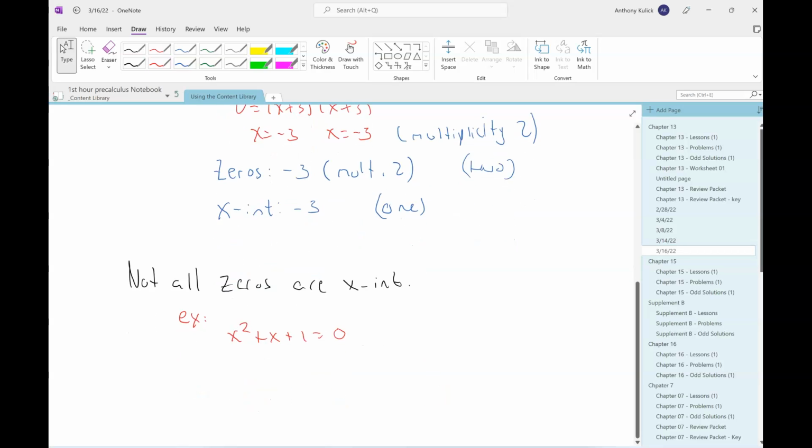Let's say we have the polynomial x squared plus x plus 1. Okay, so that's our polynomial. If I go to find the zeros, I set it equal to 0 and then try to solve. Can I factor that?